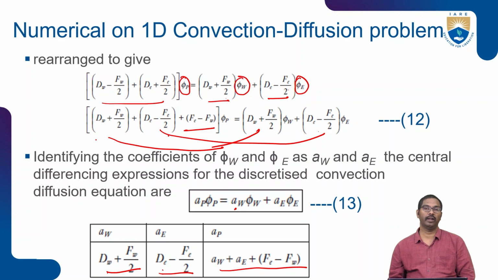This is how the final form of the discretized equation is obtained, equation number 13.